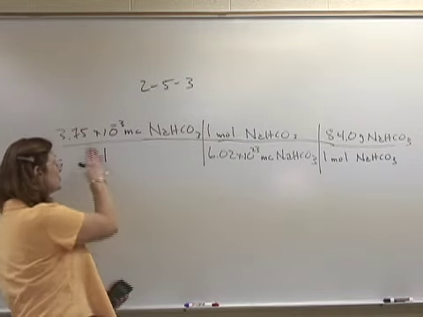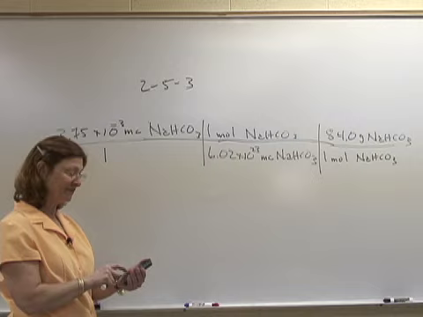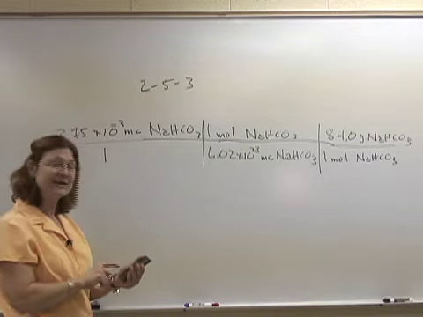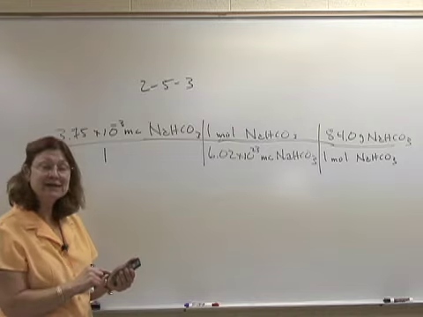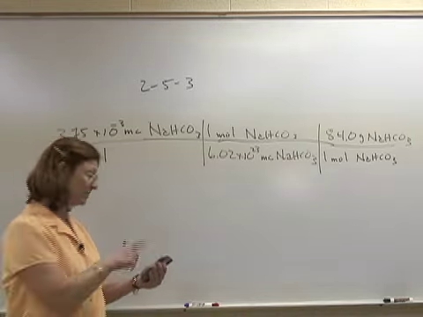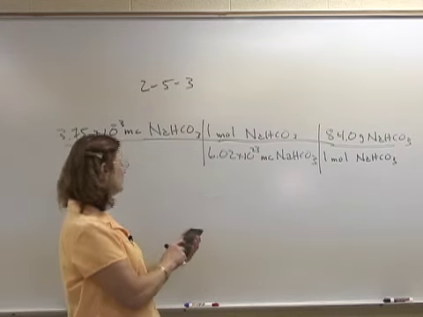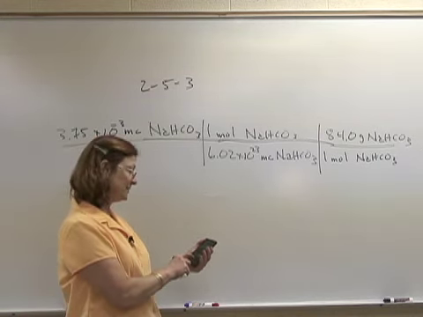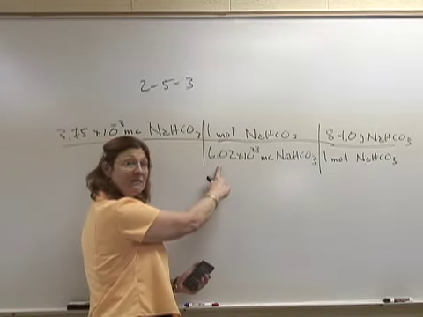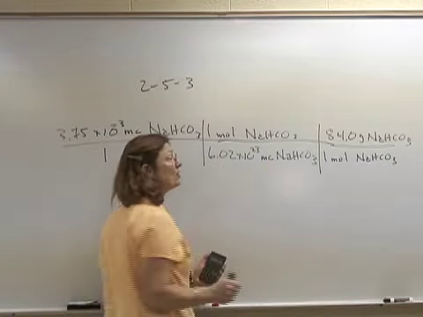I take my original number, 3.75, exponent -3. And I need to make sure I use the plus and minus and not the minus subtraction. And I use the -3 divided by 6.02 exponent 23. Numbers in the bottom I divide, and numbers in the top I multiply.